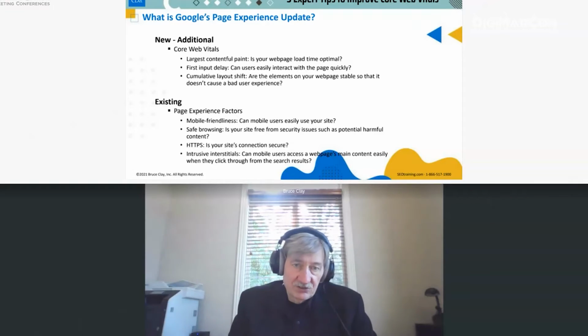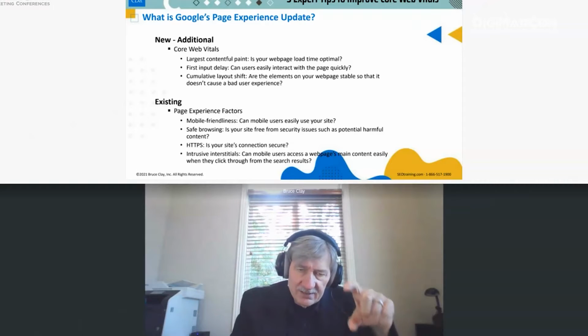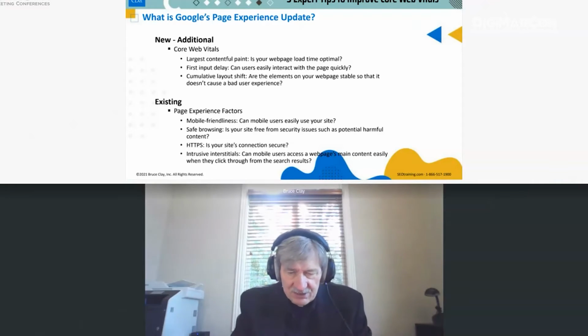Now, there's a lot of things you can do to solve it, and I'll get into that a little bit later. But let's just understand, Google is after user experience here. And some of it is technical. These three items are very technical. Let's just understand that a web designer struggles with them. A programmer solves them.